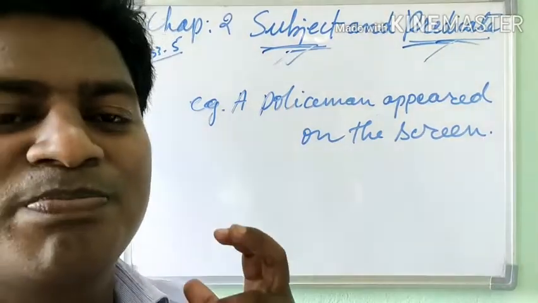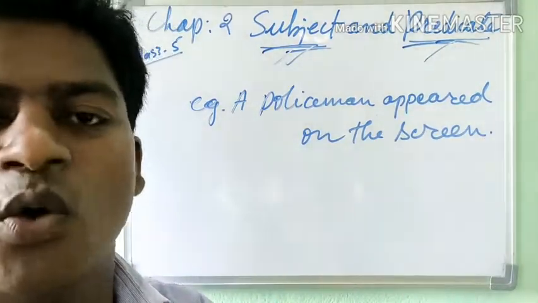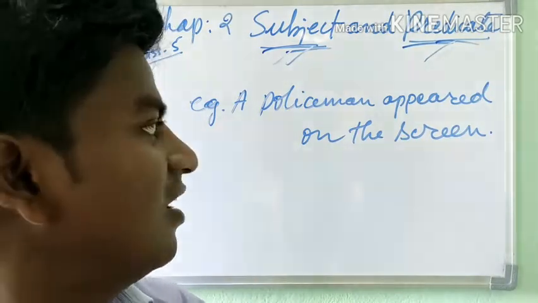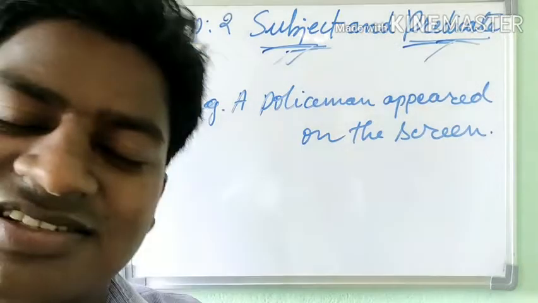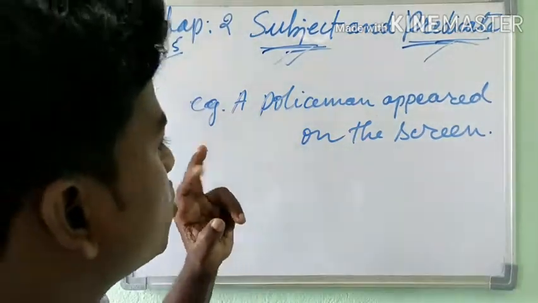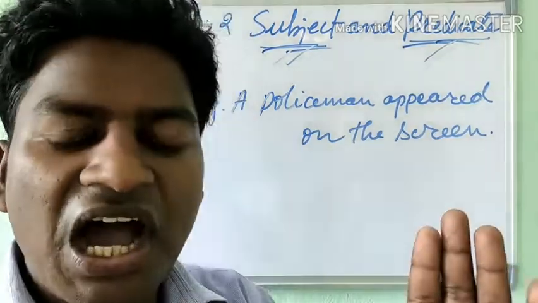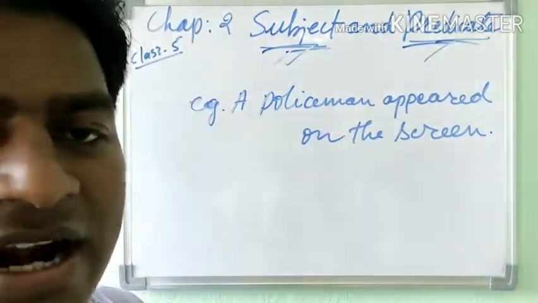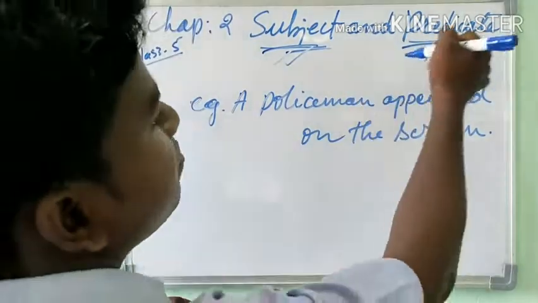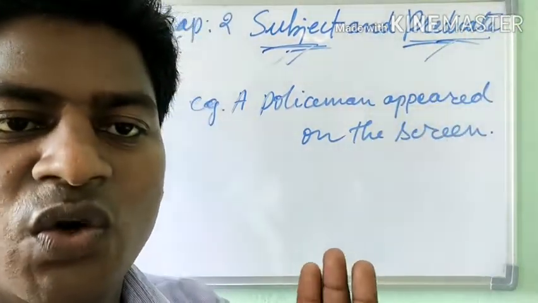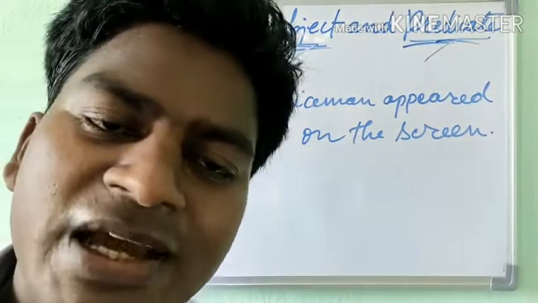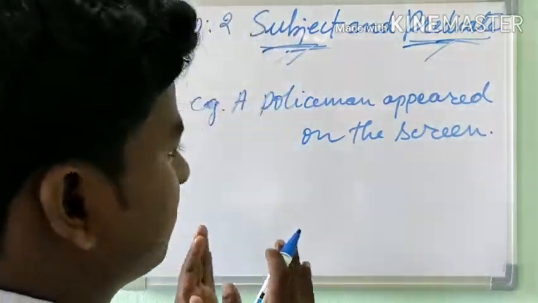This is a simple, ordinary sentence. Which kind of sentence? The assertive sentence. Okay. So, how can we divide this sentence into two parts? That is what we are going to study now. The two parts are subject and predicate.